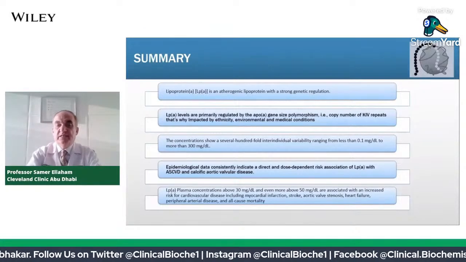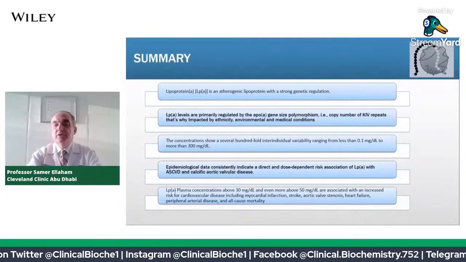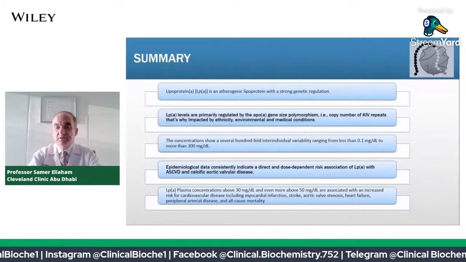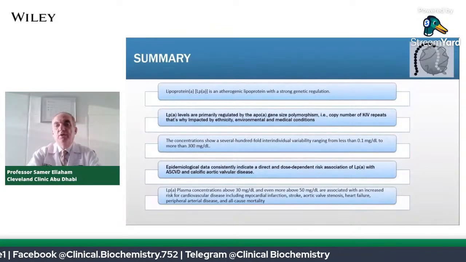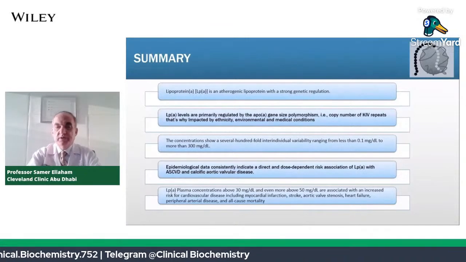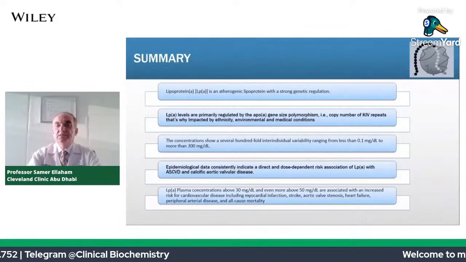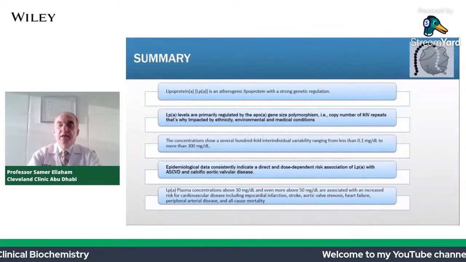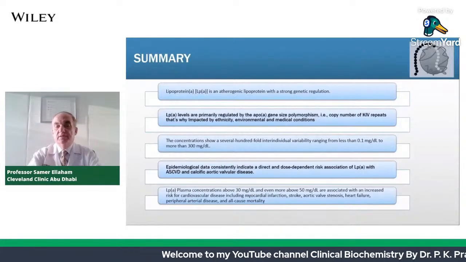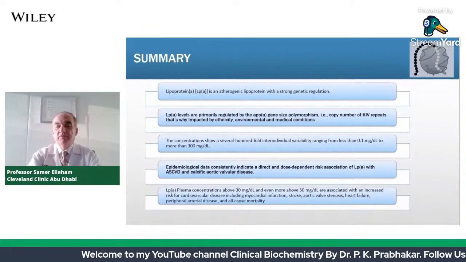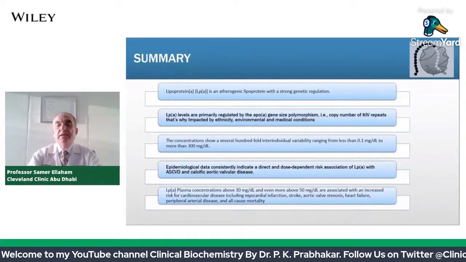Epidemiological data consistently indicate a direct and dose-dependent risk association. It's still a risk. I have patients with an elevated Lp(a) who are fine, and we did the full workup and they are fine, but still, statistically speaking, Lp(a) is associated with atherosclerotic cardiovascular disease, and interestingly enough, calcific aortic valvular disease.